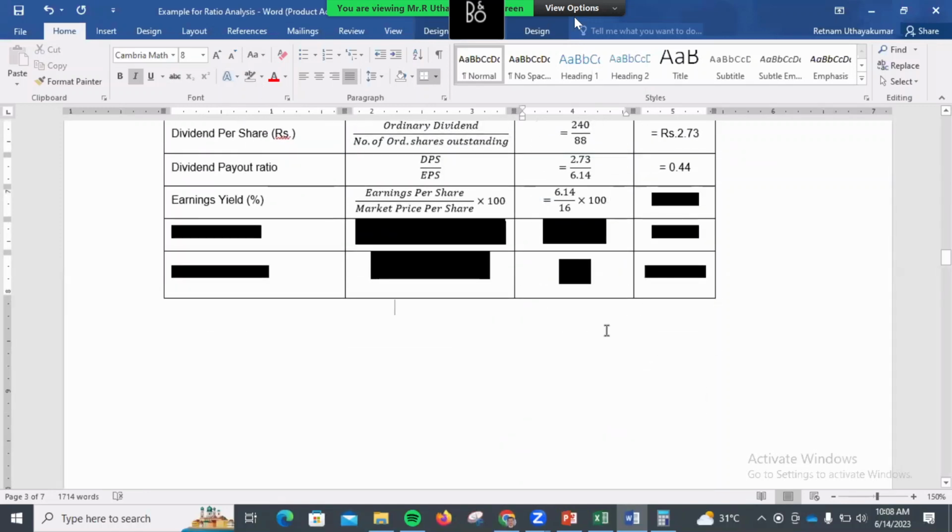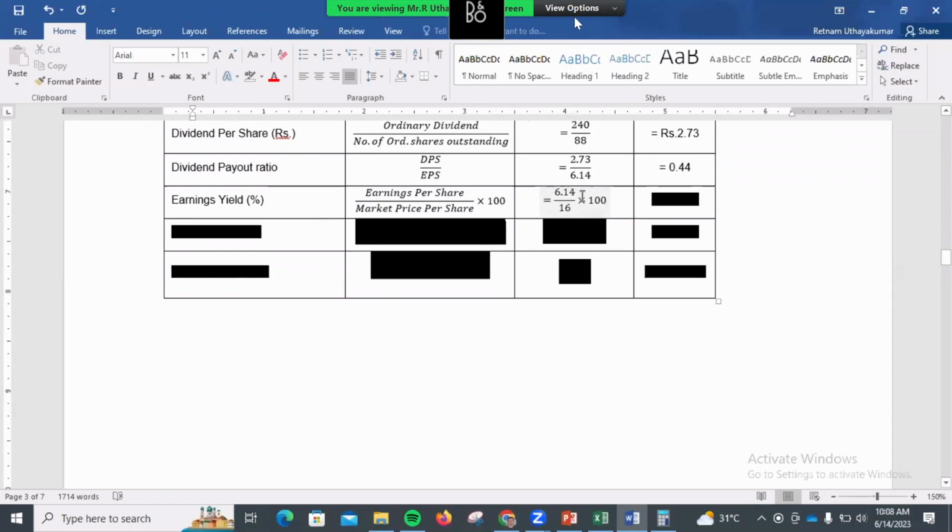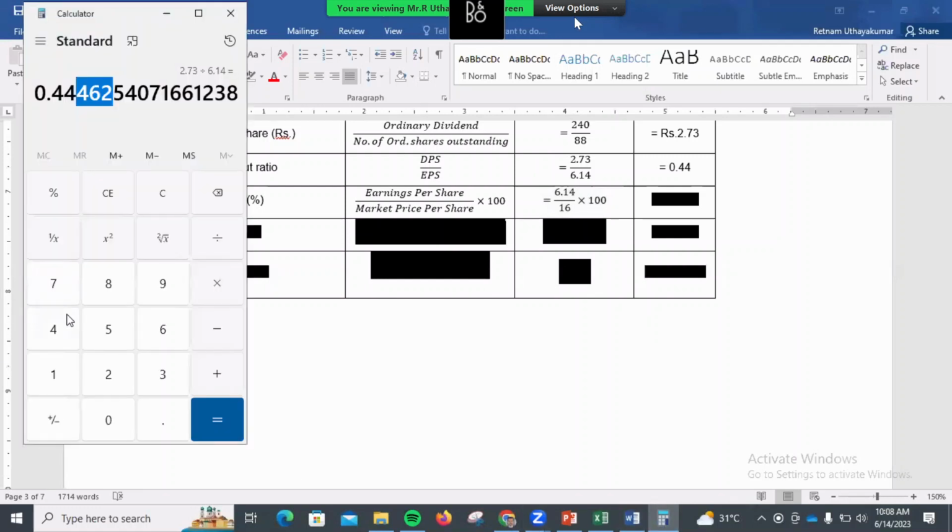Earnings per share 6.14 divided by 16 gives 0.383, into 100.